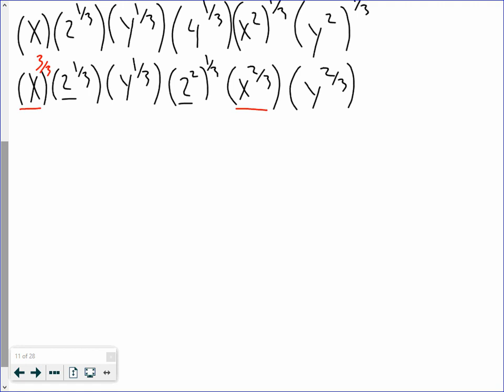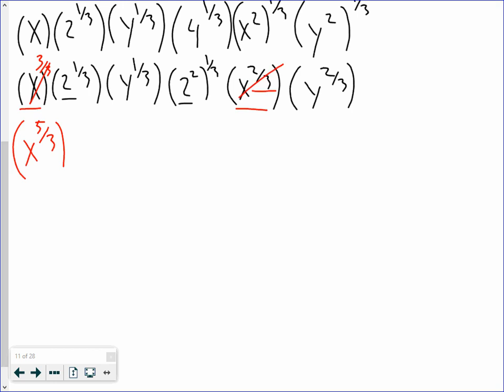And we want to put it as 3/3 because the other term has a 3 in the denominator for its exponent. We need to make sure the denominators are the same. So x to the 3/3 times x to the 2/3 gives us x to the 5/3. You're multiplying 2 terms with the same base, so you add the exponents together. So these go away.